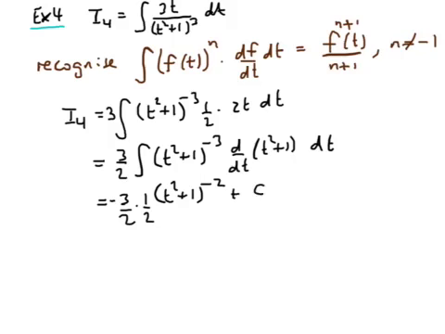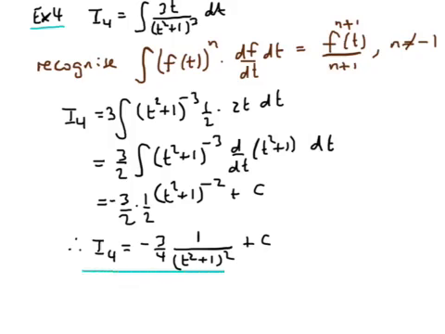So we can tidy this up and we see that I4 is minus 3/4 1 over t squared plus 1 all squared plus an integration constant, and that is our result for this integral.